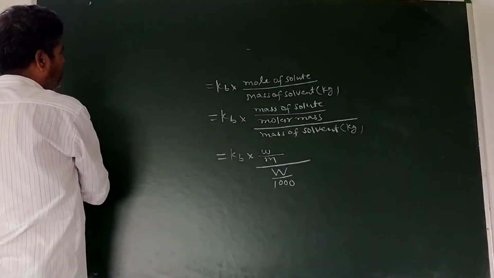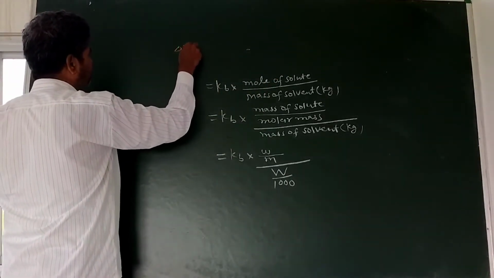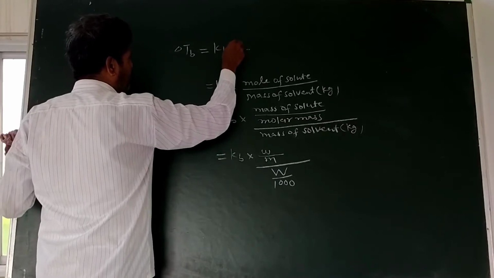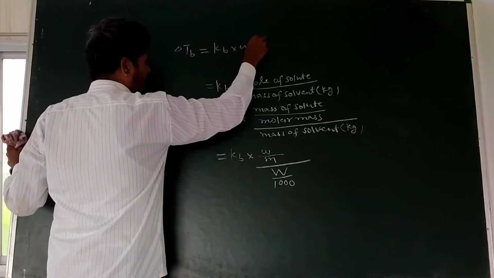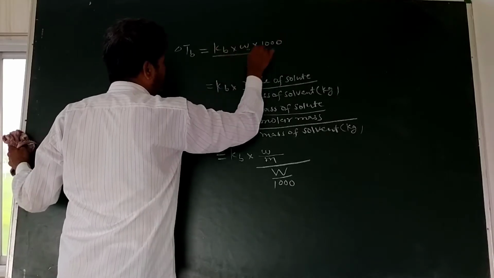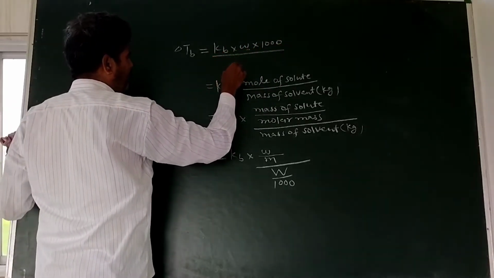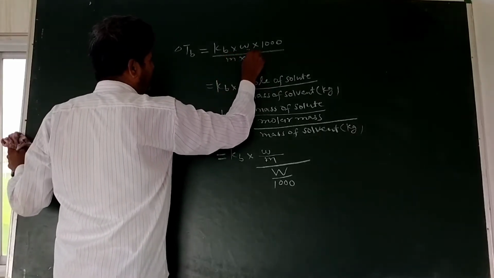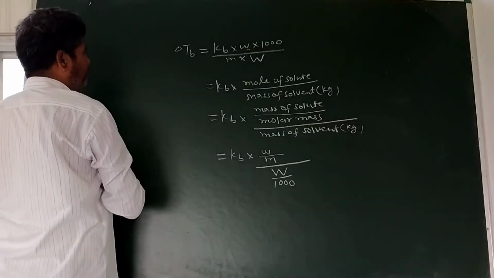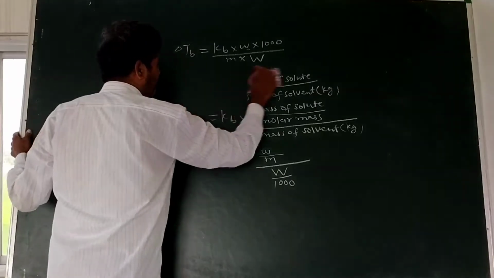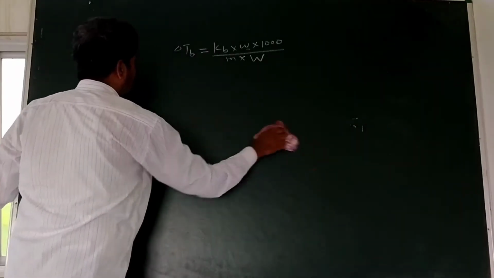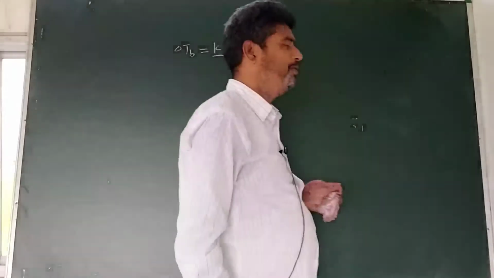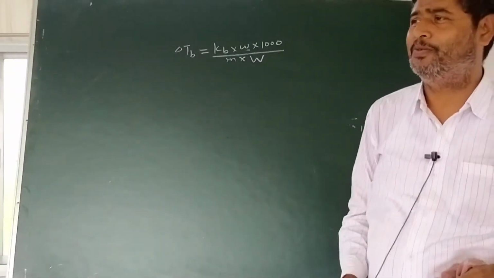Thus, we will get delta Tb is equal to Kb into small w into 1000 upon m into capital W. Especially we calculate the molar mass of solute.